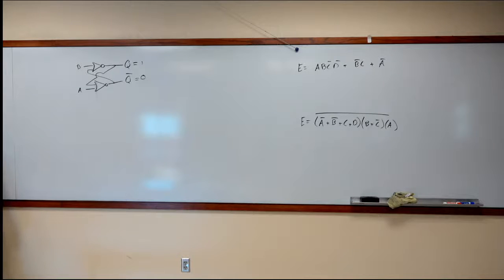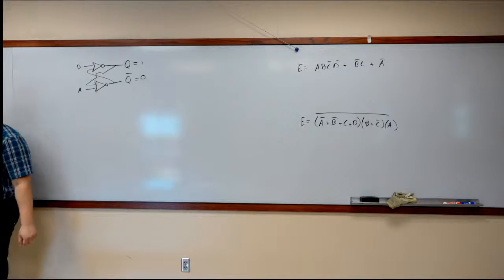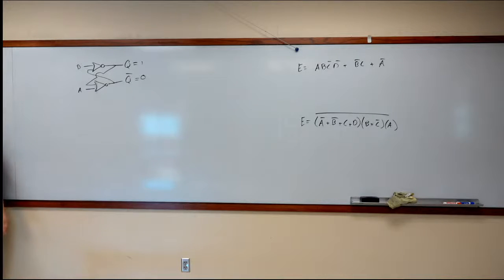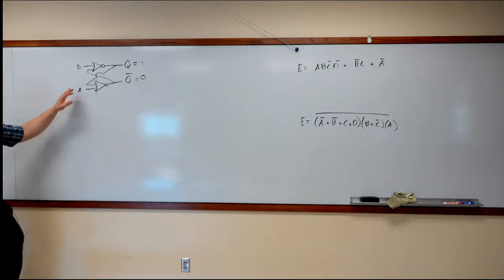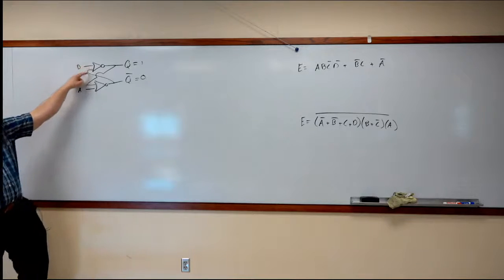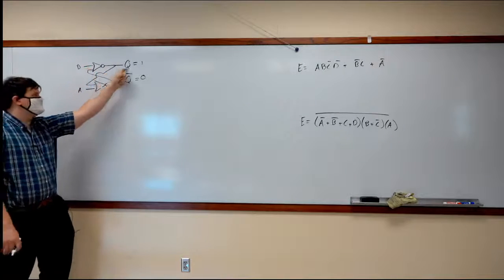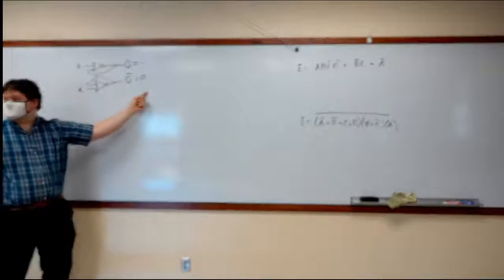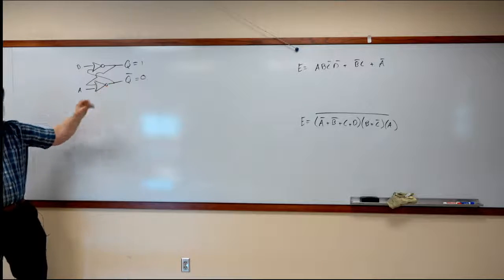Because both Q and Q naught switch, depending on which direction you go through the circuit. This is what's beautiful about a flip-flop, because this is introducing the idea of memory. Okay? Let's say this system starts out with this is equal to 1, this is equal to 0, which means this produces a 1, and this is equal to 0. Okay? We're starting out with this system.